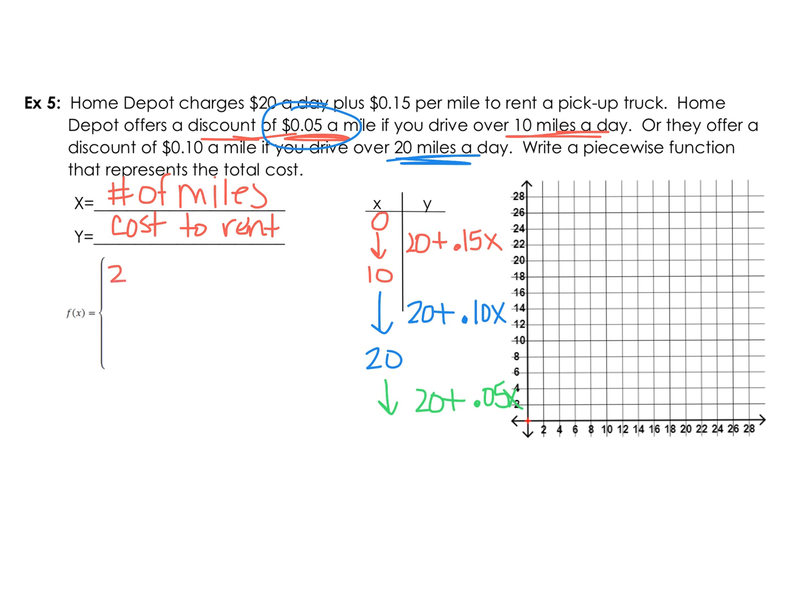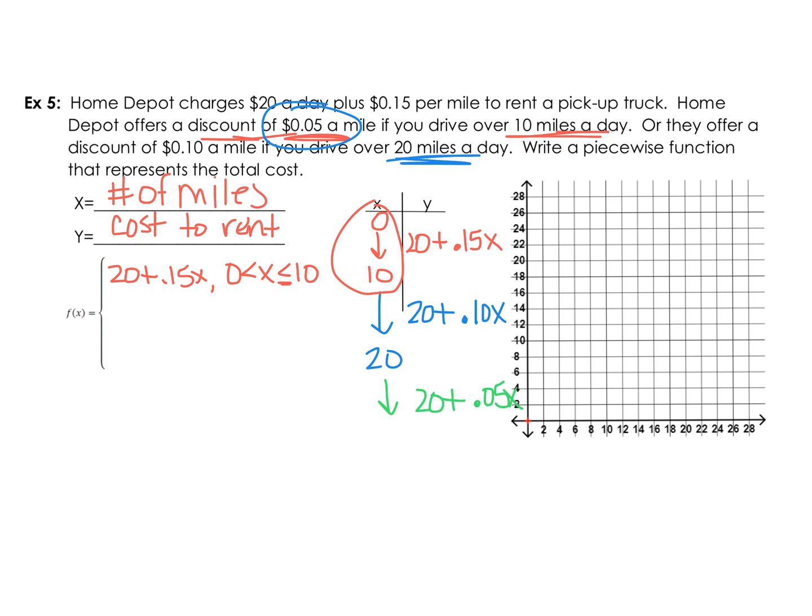So the first one's going to be 20 plus 0.15x, and that's going to come from 0 to 10. So that's going to be a between statement, 0 less than x less than 10. At 0, we're not getting charged anything, so don't include 0, but you do need to include 10.